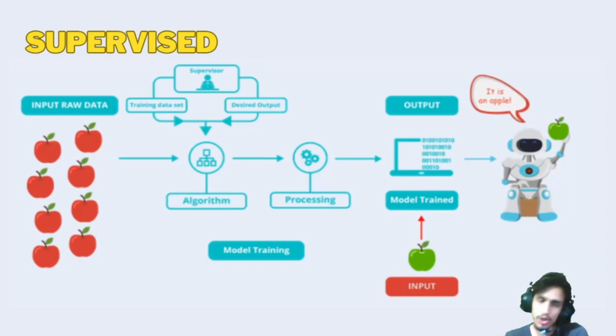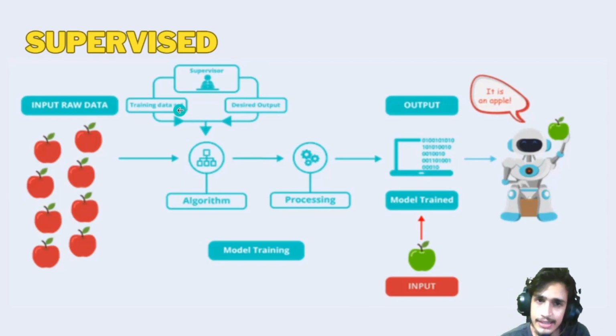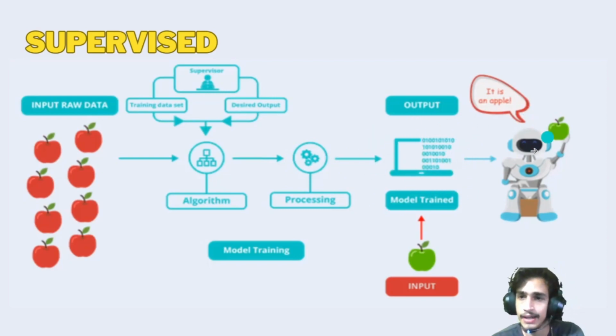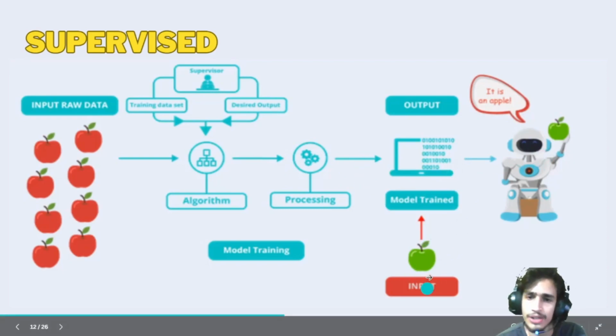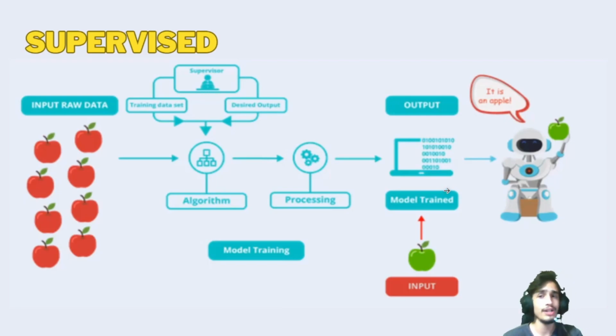We give these apple images and other fruit images to the algorithm. This algorithm has a training data set and the desired output. Then it will process the data and make a trained model. And if we give a green apple to this model, it will show the output that yes, it is an apple. So this is how supervised learning works.